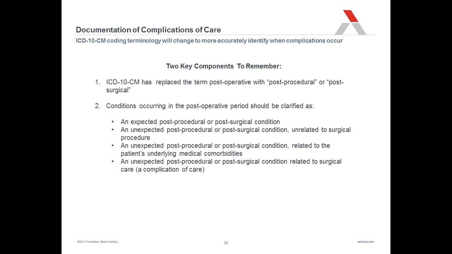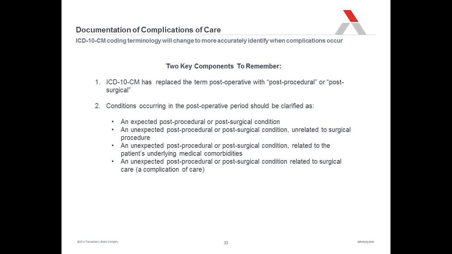It's very important that conditions occurring in the postoperative period are clarified as either an expected post-procedural or post-surgical condition, such as an ileus after abdominal surgery, or an unexpected post-procedural or post-surgical condition unrelated to the surgical procedure, an unexpected post-procedural condition related to the patient's underlying comorbidities.